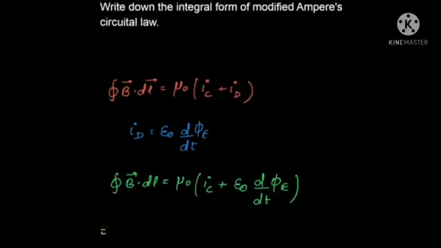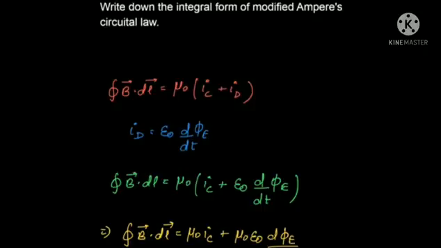If we simplify it, then we get our final answer. Integral B dot dl over a closed path is equal to mu naught into IC plus mu naught epsilon naught d phi e by dt. Now this final equation is the modified form of Ampere circuital law. Hence, this should be our final answer.